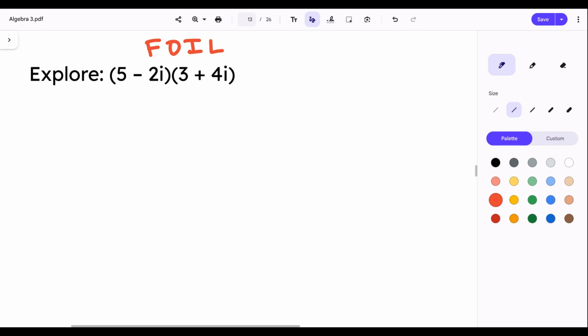It helps us keep them in an order and allows us to keep track of what we've multiplied together. So my first terms would be 5 and 3, so multiplying those would become a 15. Outside terms would be the 5 and the 4i. So you're going to multiply 5 times 4, which would be 20.